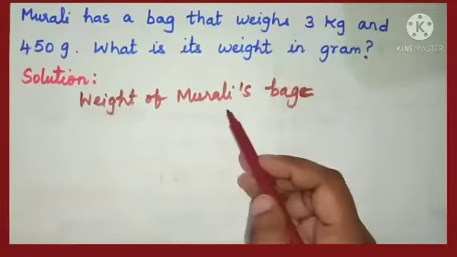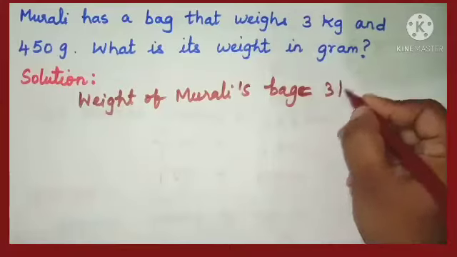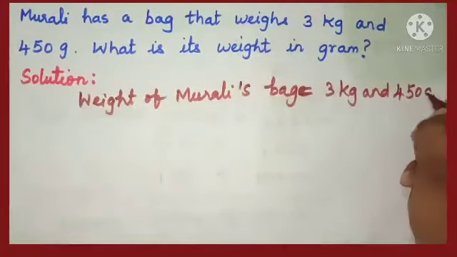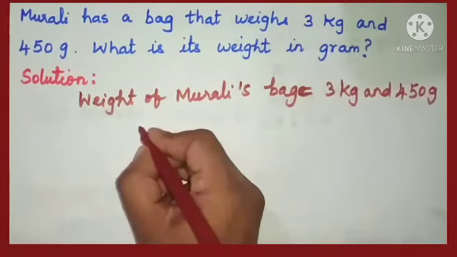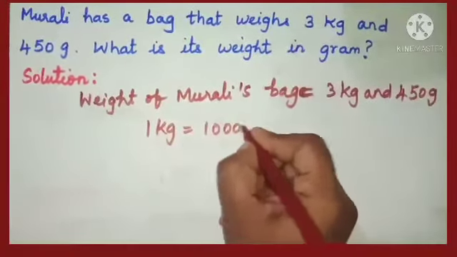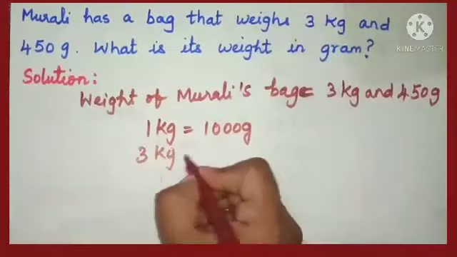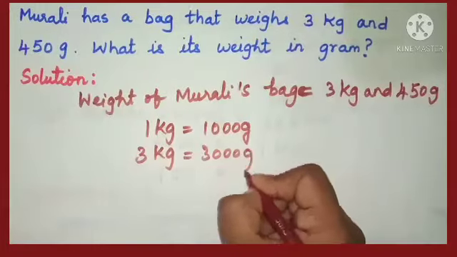Now weight of Murali's bag is, it is given that 3 kg and 450 grams. So in the next step, we know that 1 kg is equal to 1000 grams and 3 kg will be 3000 grams.